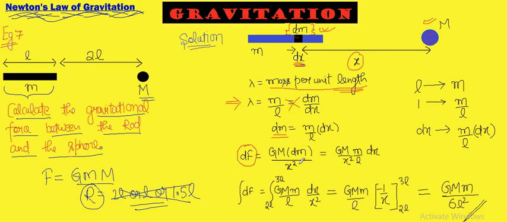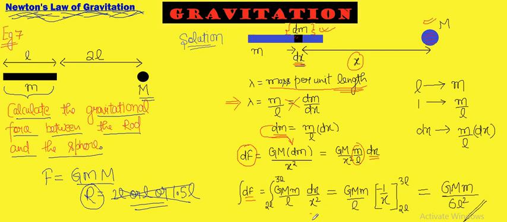So dF equals G m1 m2 by x square. Now instead of dm we place its value, m by L into dx. After this substitution, I get dF equals G M m by L into dx by x square.